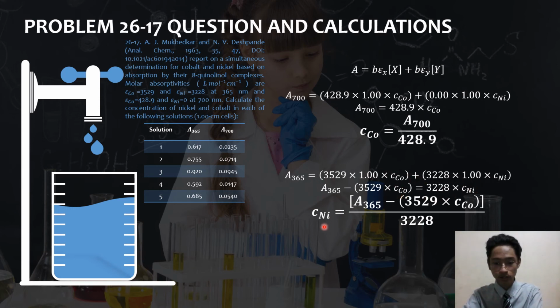We get concentration of nickel is equal to absorbance at 365 nanometer minus quantity 3,529 times concentration of cobalt over 3,228. So we have the formula for concentration of cobalt and concentration of nickel at given absorbances in different nanometers. So we will be calculating the concentration of nickel and cobalt.